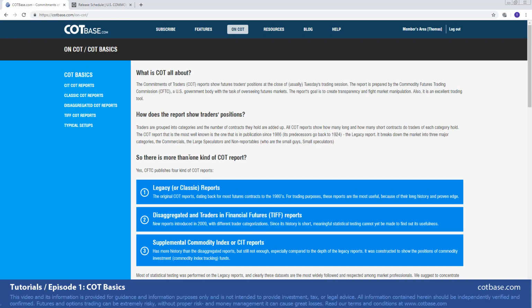But later on you might want to explore the newer report types. These are the disaggregated reports, the traders in financial futures reports, and the commodity index trader reports, or CIT reports in short. But of course, I urge you to check out the website. We have a lot of information here so you can better understand what the whole thing is about.